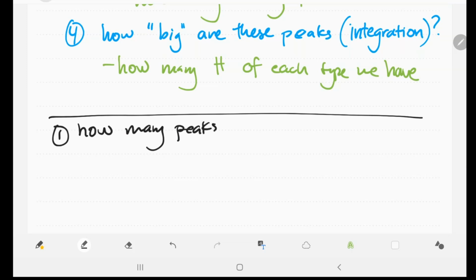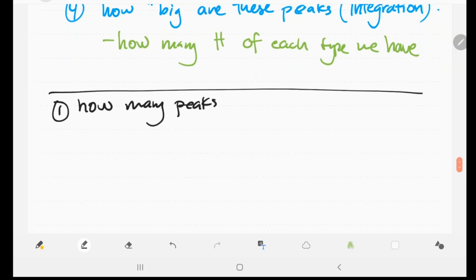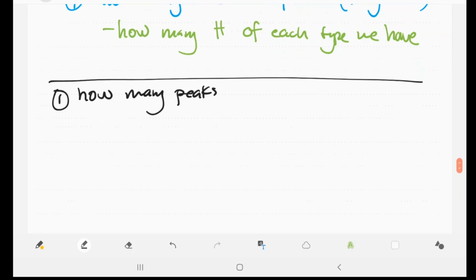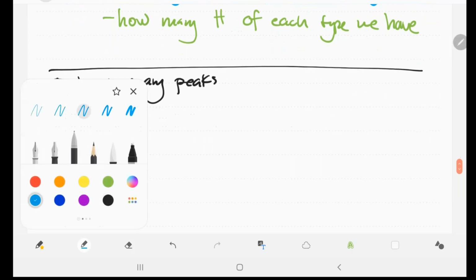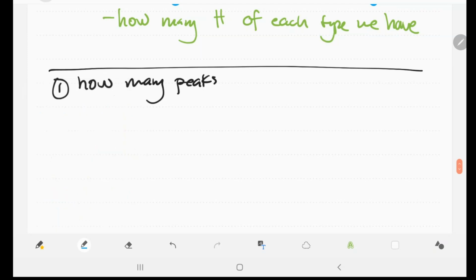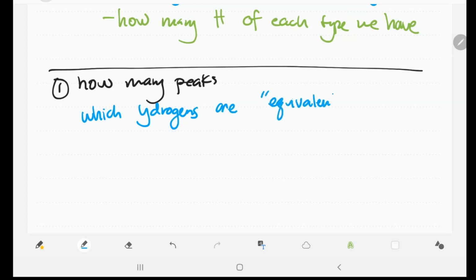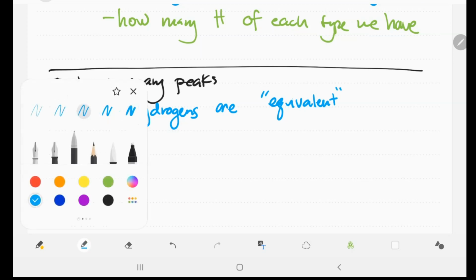How many peaks do we see? Well, this all comes down to symmetry. So what this question answers is the question of which hydrogens are equivalent to each other in a molecule. And this really deals with symmetry.